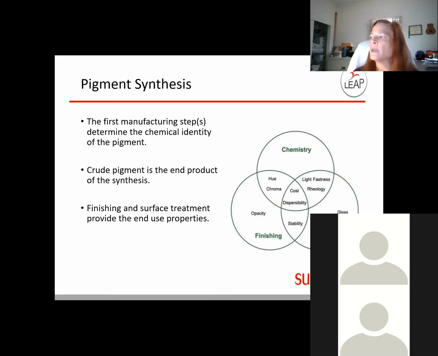And when we talk about these high-performance pigments like DPP chemistry, where there is the combination of the chemistry, the finishing, and the surface treatment, you can see how that results in a higher cost, but an improved dispersibility. And these are what determine that additional value in use that I spoke about earlier.